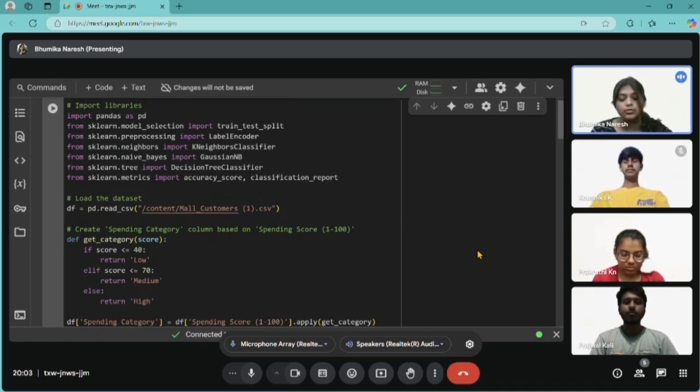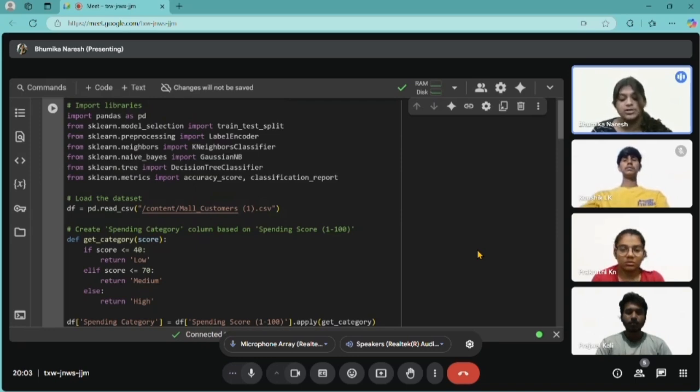Flow from the root to the leaf: the tree asks questions like, is income greater than 50k? Is age smaller than 35? Depending on the answers, it routes you to the class low, medium, or high. Pros: easy to understand and visualize. Cons: can overfit, that is, it learns the training data too well and may fail to generalize.